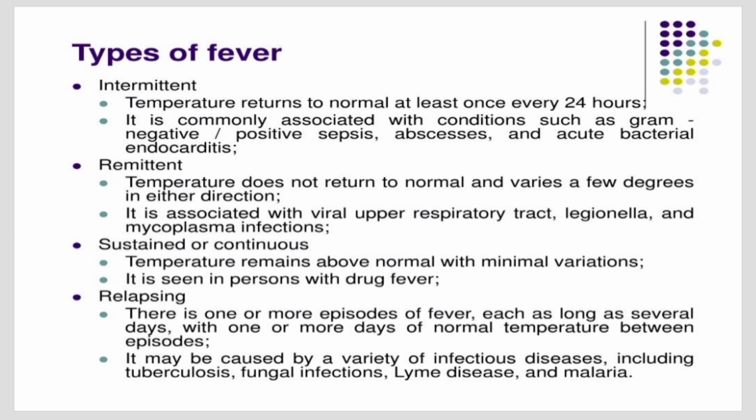Intermittent fever is a pattern of fever in which there are intervals where temperature is elevated for several hours, and remittent fever is a type of fever in which temperature does not reach baseline and remains above normal throughout the day, and continuous fever is a type of fever in which temperature does not touch the baseline and remains above normal throughout the day, and last is relapsing fever. It is a bacterial infection that can cause recurring bouts of fever and headache, muscle and joint ache.